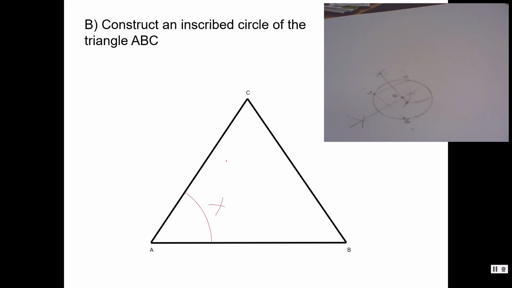Okay, so we bisect angle 1, then bisect the other angle, so that you're going to get the line, and then you get another line.